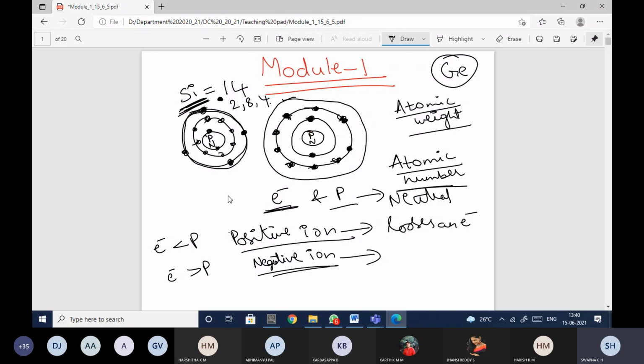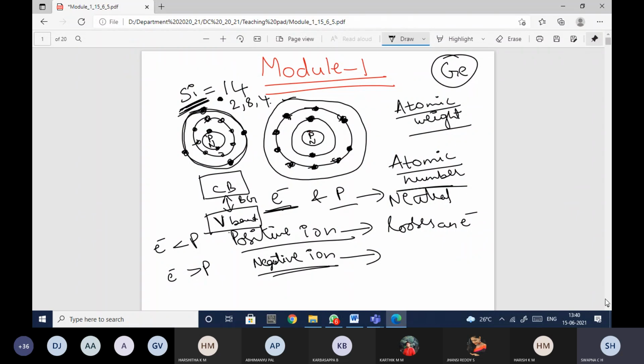That is the reason your energy diagram will consist of a valence band and a conduction band, and the difference between the valence band and the conduction band is given by the band gap or forbidden gap, or we can even call it the energy gap. The electrons will move from the valence band to the conduction band when they become free.